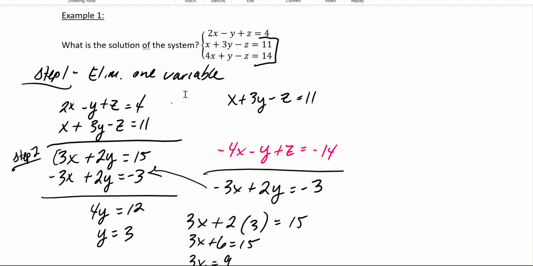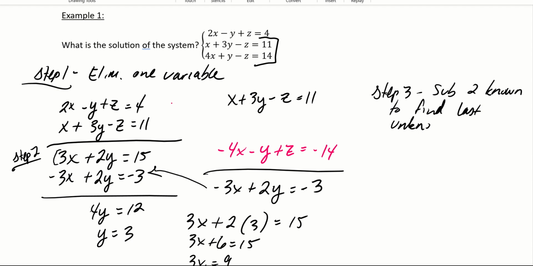The last step, so step 3, is to substitute the 2 known variables to find the last unknown. So I'm just going to use this top equation because it's on top and it doesn't really matter.